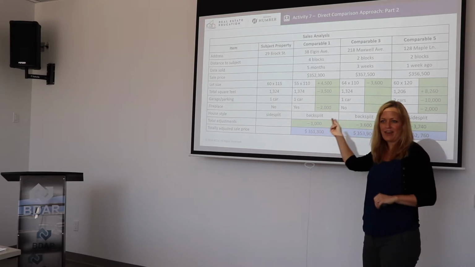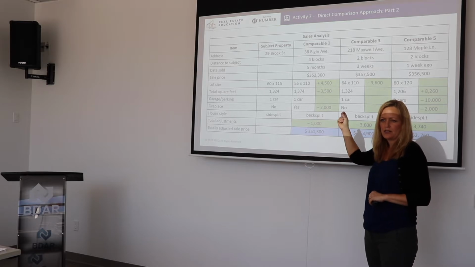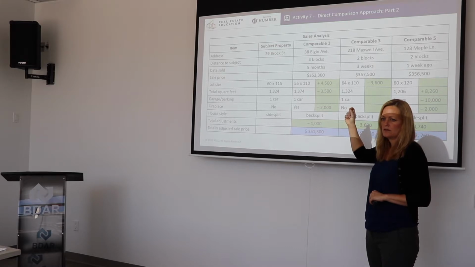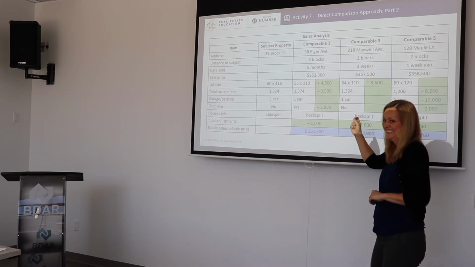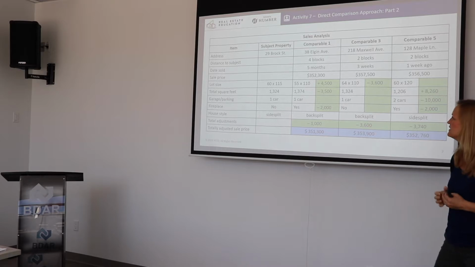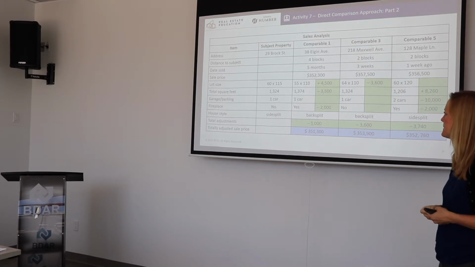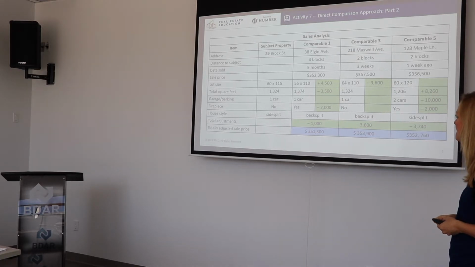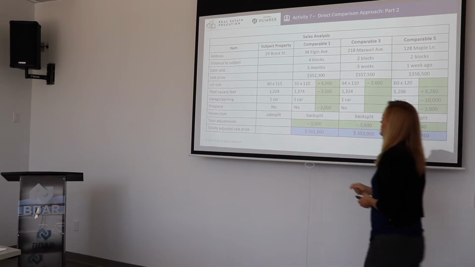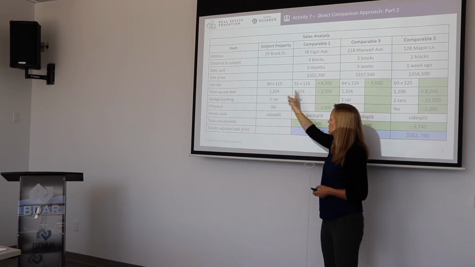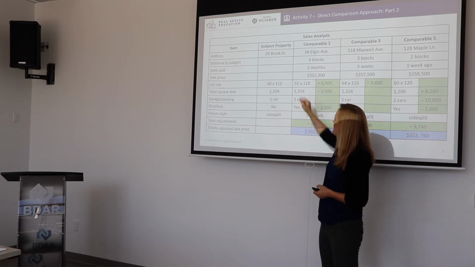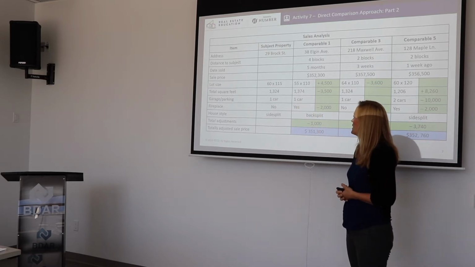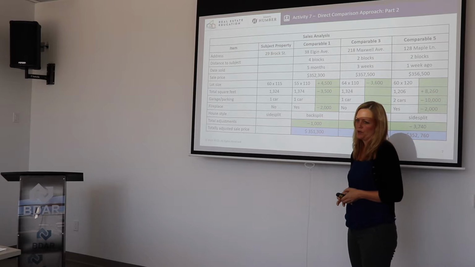Did everybody get that? Is there any questions on comparable 1? So for the square footage, can you explain how you got the 3,500? Absolutely. So you can see the difference between the square footage here. With comparable 1, it's 1,374 square feet.